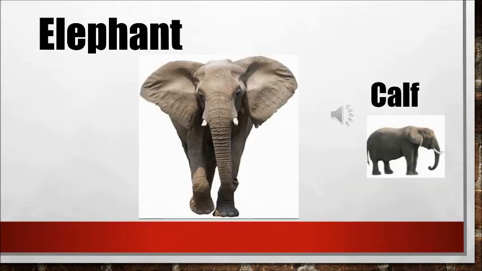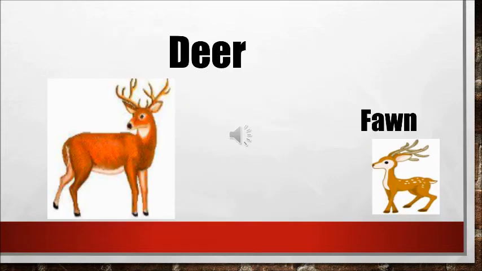The elephant. It is one of the biggest animals in the animal kingdom, and a baby elephant is called a calf, and it is very strong and it loves to eat plants. Now the next wild animal we are going to do is the deer, and a baby deer is called a fawn.